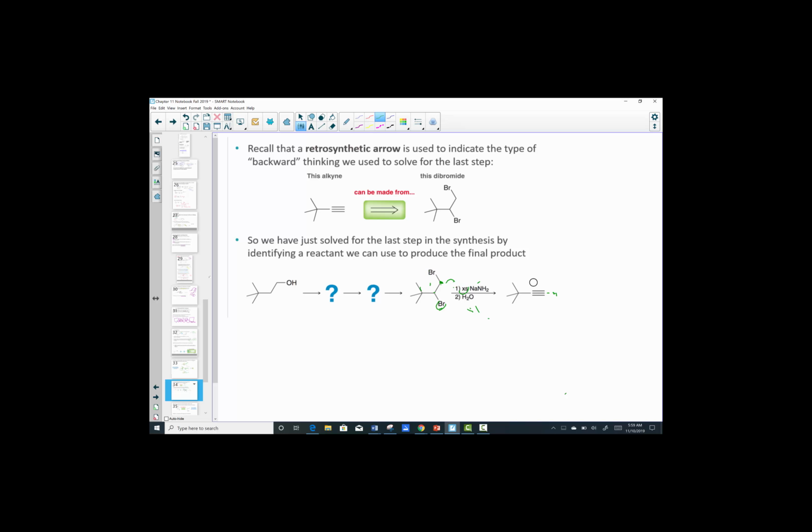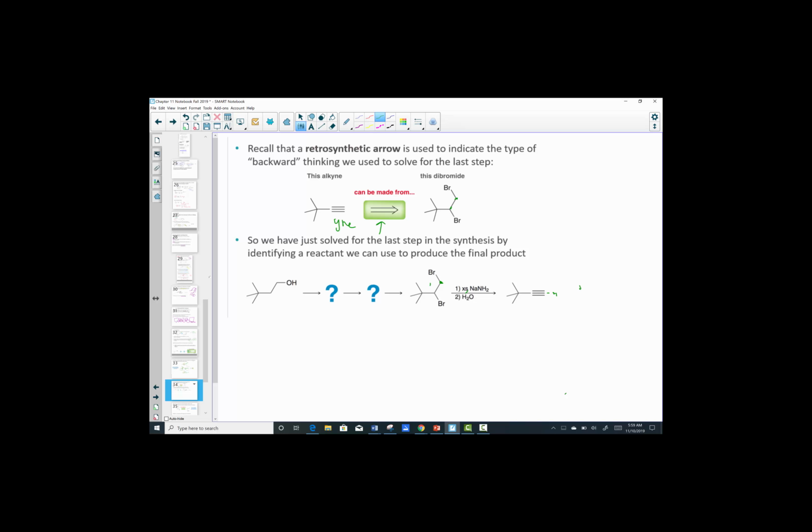That's what we've said. How do I accomplish going from an alkyne, and what I said is to the vicinal dihalide. And remember this little arrow here, it says can be made from.